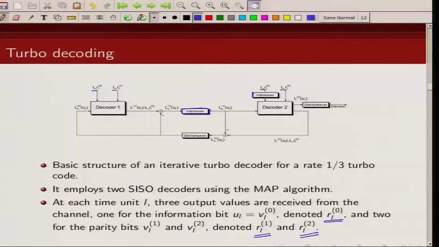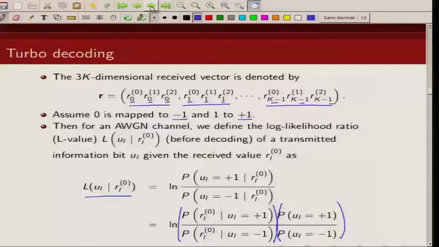Similarly, the information bit that we are feeding to decoder 2 is the interleaved version of the information coming from decoder 1. Similarly, from decoder 2, if we are feeding something back to decoder 1, we are de-interleaving, and when we are taking a decision from decoder 2, we are also de-interleaving. This interleaving and de-interleaving is done so that the order of the information bits is preserved in the fashion they are entering encoder 1 and encoder 2.